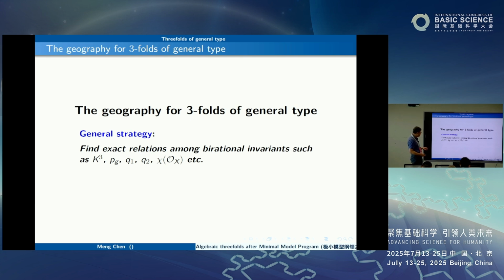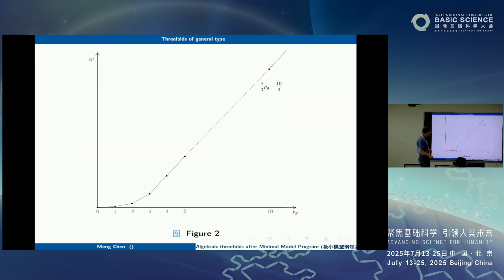If you know the story of the geography of surfaces, there is the famous Noether inequality in the surface case. In dimension 3, this is the figure we try to work on. We study a relation between the canonical volume and the geometric genus.